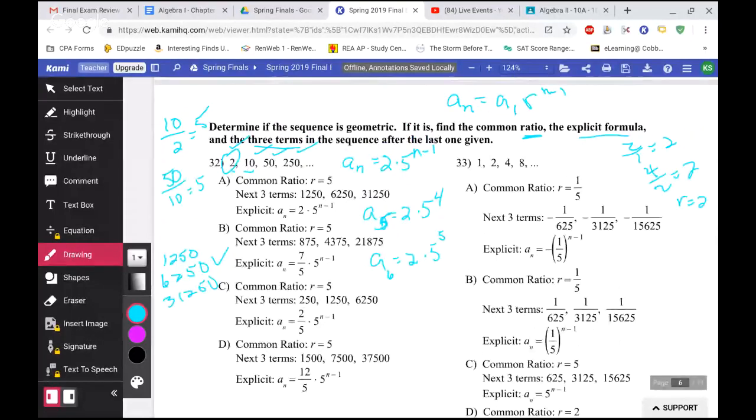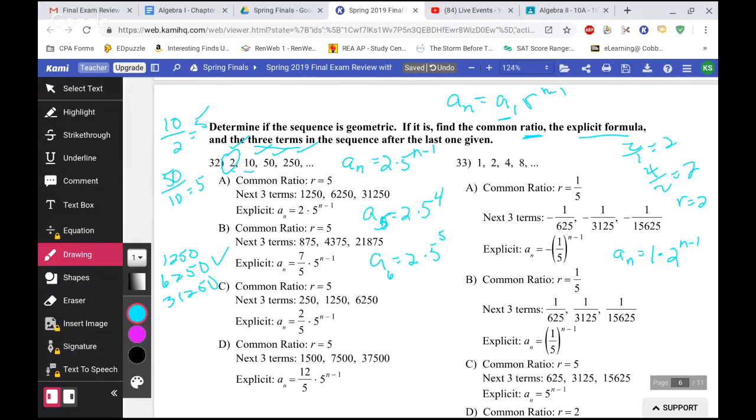So to plug that back into the formula, A sub n equals, and then this is where your first term, which is 1, times your common ratio, which is 2, all raised to the n minus 1 power.